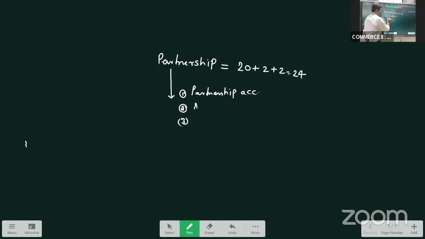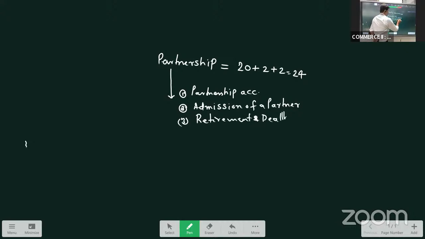Then we have admission of a partner, and then retirement and death of a partner.